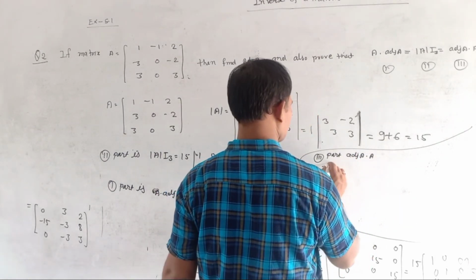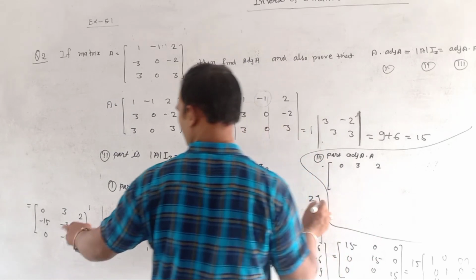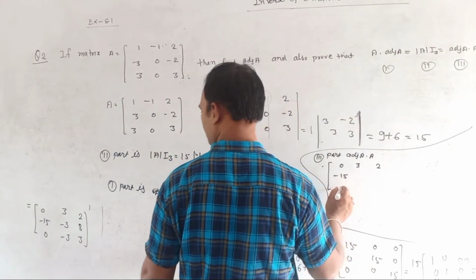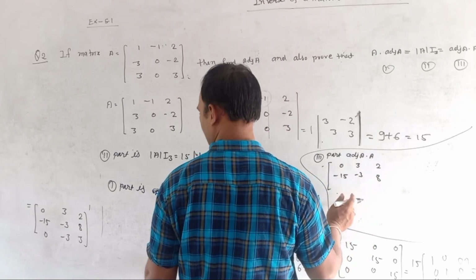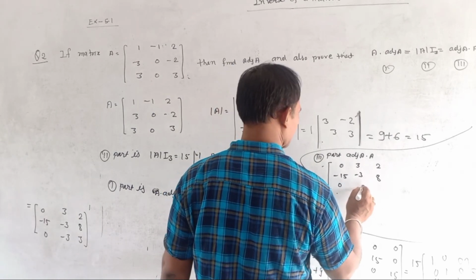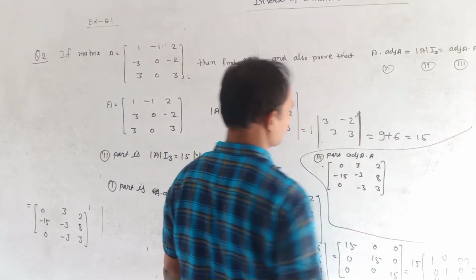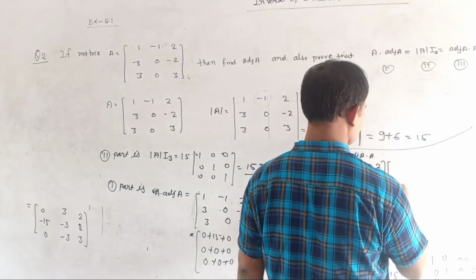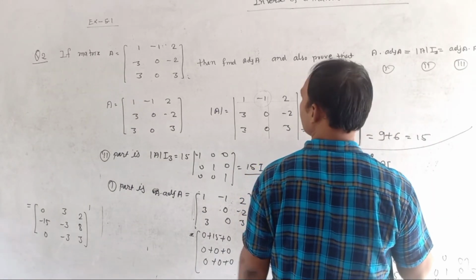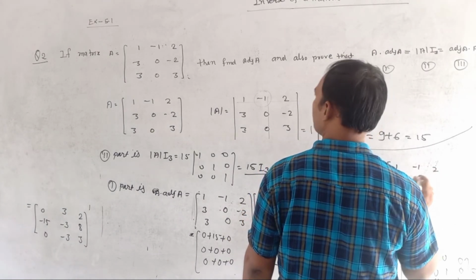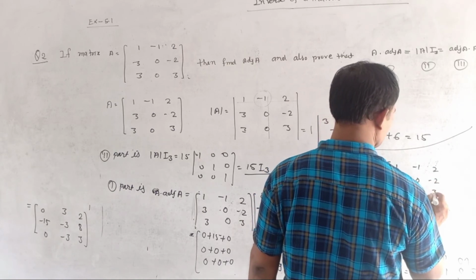Adjoint of A is 0, 3, 2, 0, 3, 2, minus 15, minus 3, 8, minus 15, minus 3, 8, 0, minus 3 and 3. Okay, and the value of A is 1, minus 1, 2, 3, 0, minus 2, 3, 0, 3.